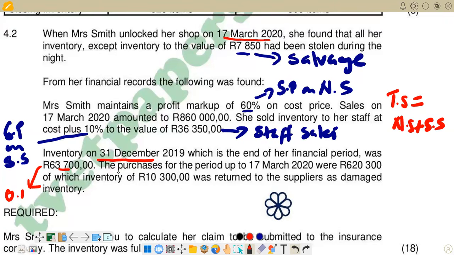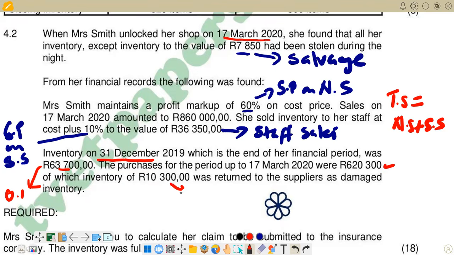inventory. The next thing is the purchases of the period up to 17 March 2020 was 620,300, of which inventory of 10,300 was returned to suppliers as damaged inventory. So this is going to be our purchases figure, and for the purchases figure we have returns of 10,300.